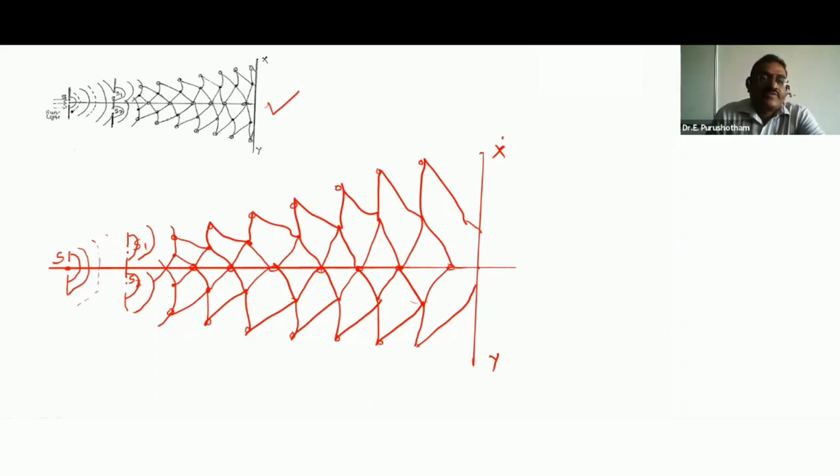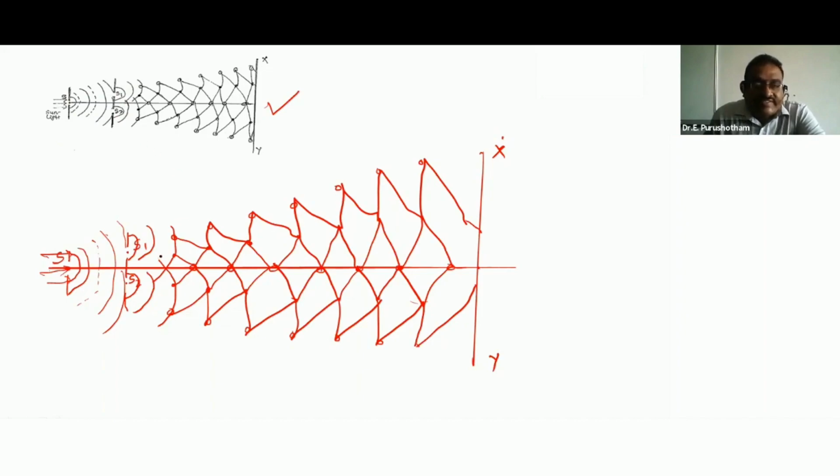So this is S. Sunlight is allowed to fall on the pinhole slit S. From this pinhole, a spherical wave is produced. It is allowed to fall on the S1, S2 slits. From these S1 and S2 slits also, a spherical wave is produced.